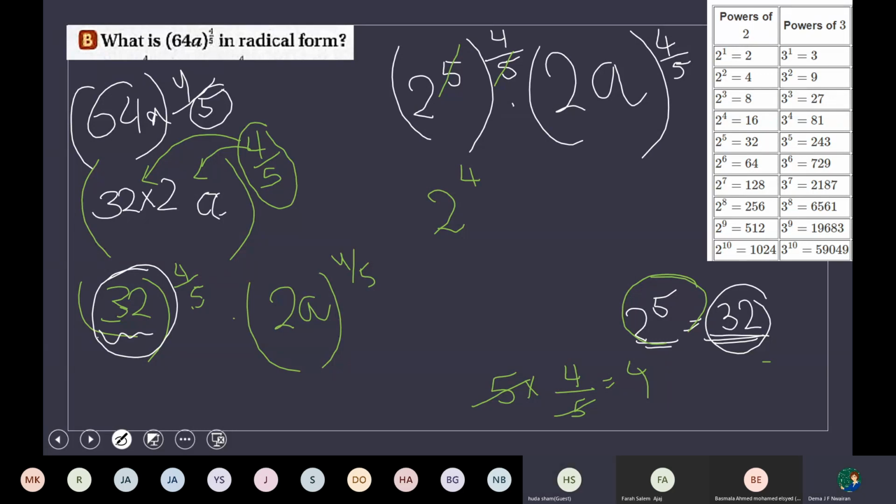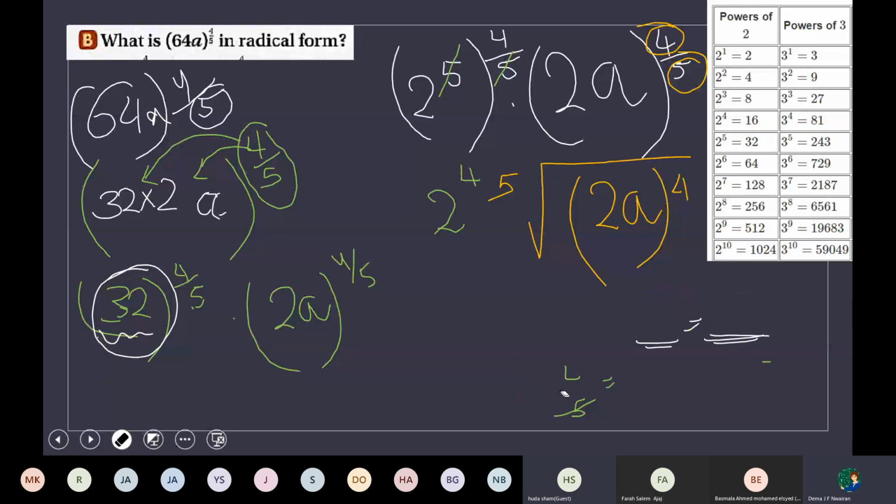Then, back here to the second term. What did we have? We have 2a raised to the power 4 over 5. How can I rewrite it in radical form? Just put the root sign, then 2a down, then what is the number that's written down? It is 5. And what is the number that's written up? Put it down. 4.